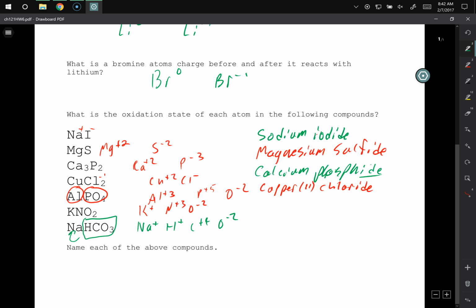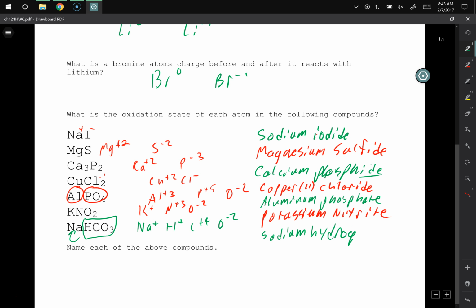Next one? Just aluminum phosphate. This KNO3? Potassium nitrite. And then sodium hydrogen carbonate.